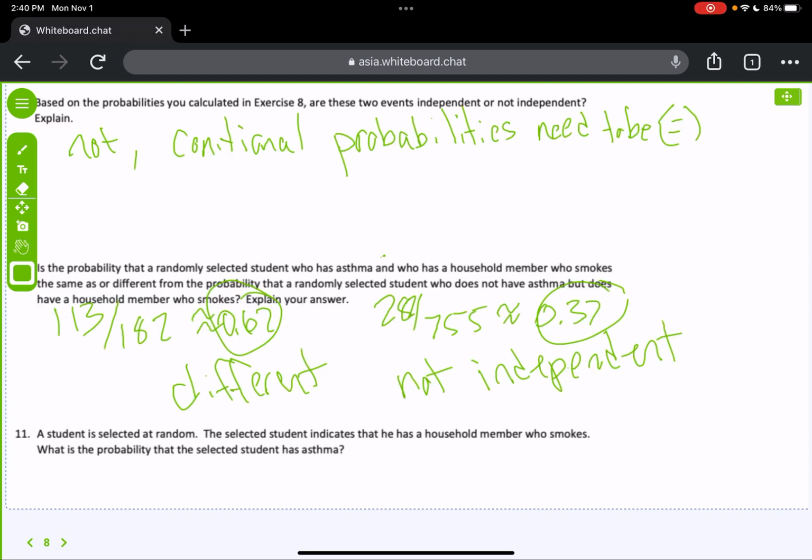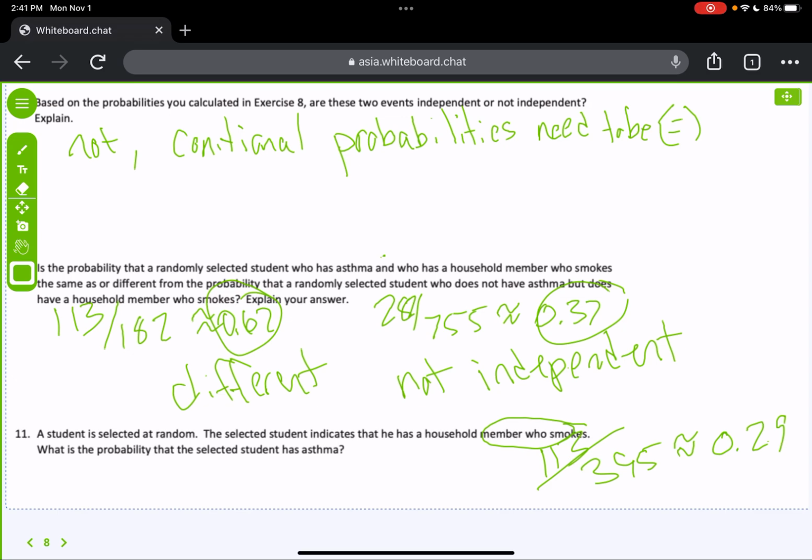Okay. Let's make sure we did that again. Household who smokes. And what's the probability that the student has asthma? So yes, household member that smokes is 395. What would be the probability that he has asthma? That would be 113, which is about 0.29.